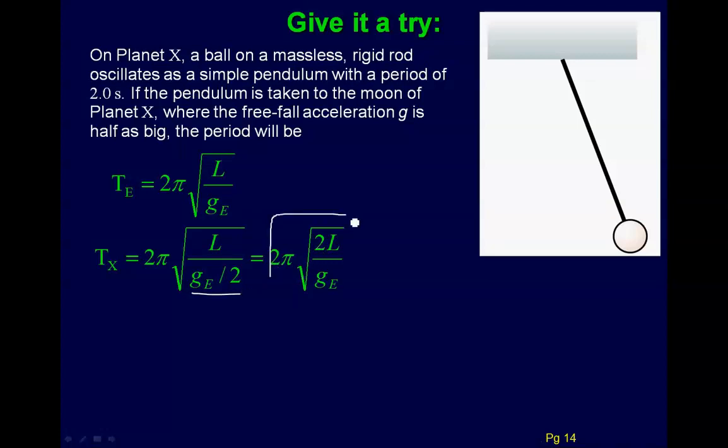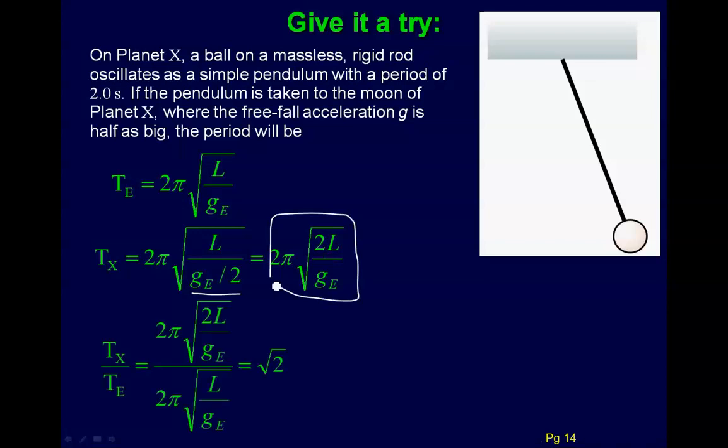So we get this expression here. And so now what we do is we divide the two by each other. And so this is the one that's off by a factor of 2. And you get rid of everything in here except for this radical 2. And so you get that basically on the moon of planet X, it's radical 2 times what it was on planet X. And if you plug that in, you get 2.8 seconds.